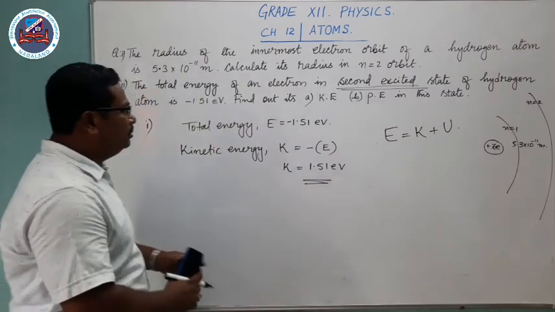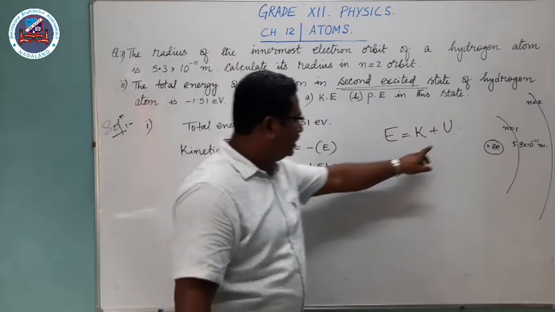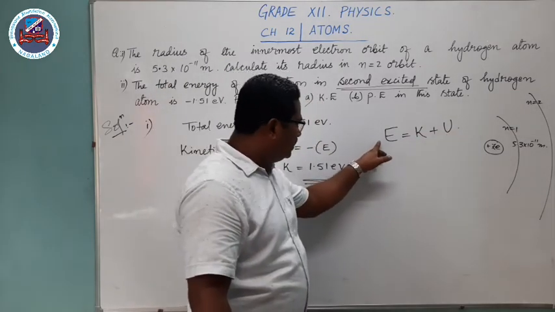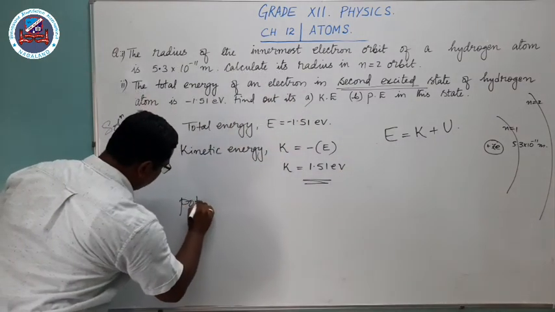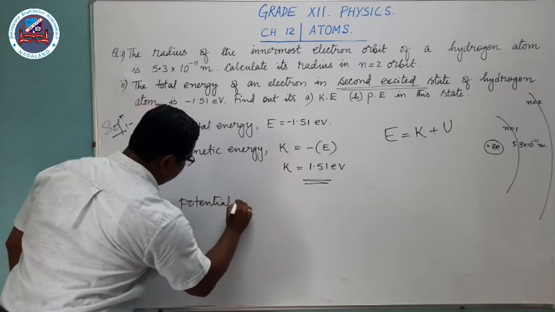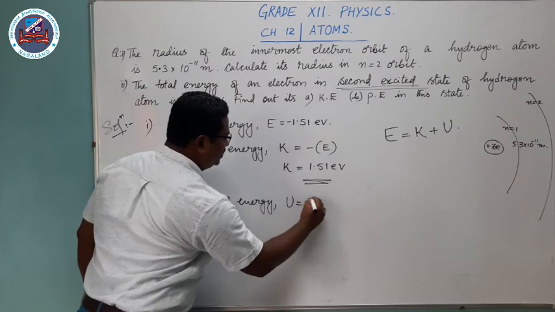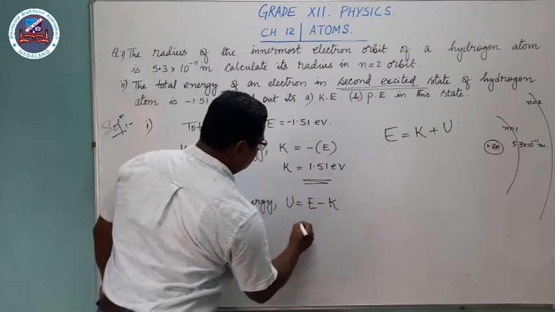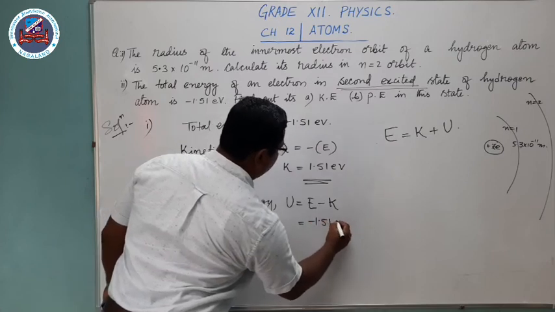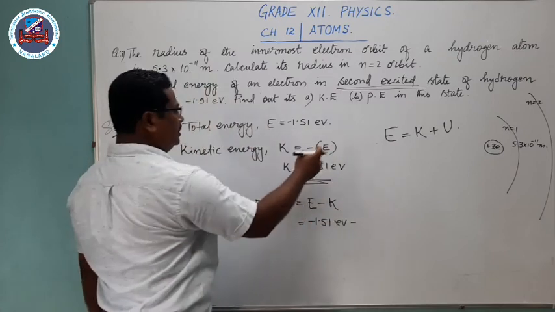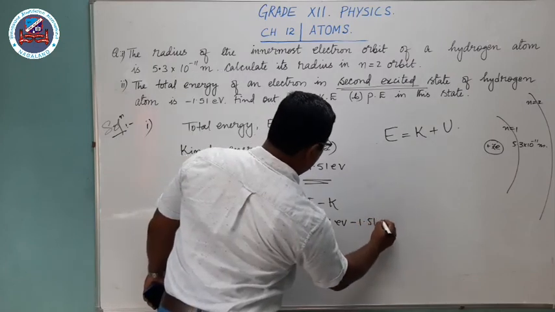Now to find the potential energy in the same state, potential energy U is equal to total energy minus kinetic energy. So total energy is -1.51 electron volt, minus kinetic energy 1.51 electron volt.